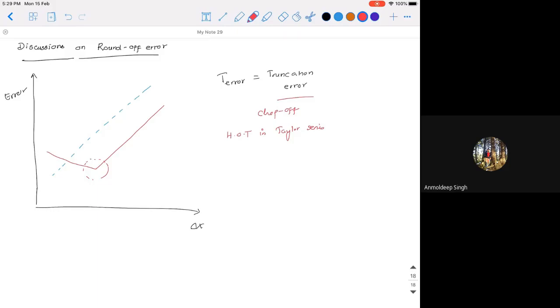The second one, which we have discussed in the class, is round-off error, which comes because the computer chops off many digits while storing data.